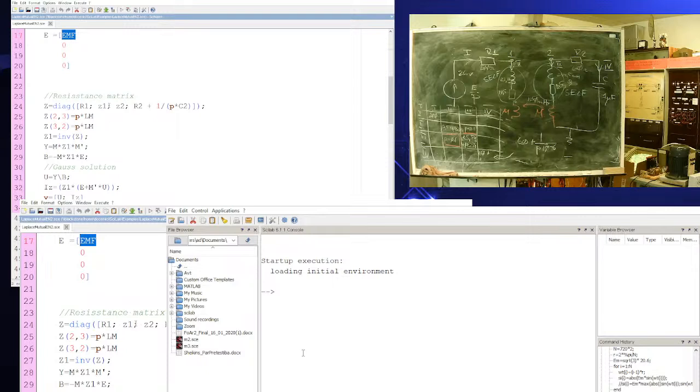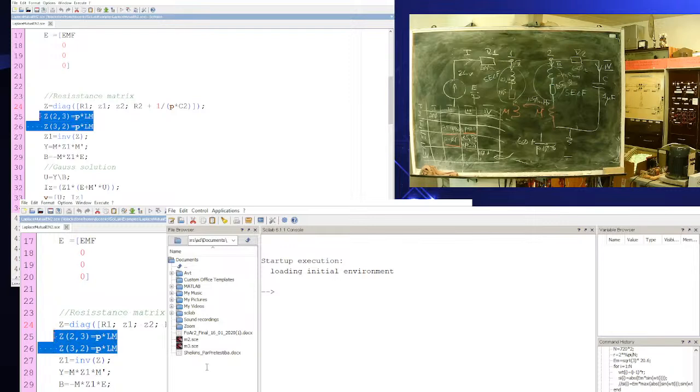Resistance matrix. I use a Dirac operator to form a diagonal matrix. First resistance, self of the primary side, self of the secondary side, and last one, it's 60 plus capacitance.